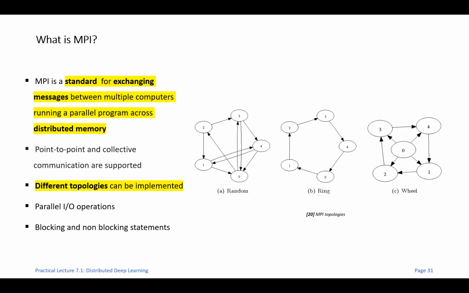It defines point-to-point but also collective communication, with which you can define, if you play around, complex or simple topologies like a ring, which is important for Horovod, as the ring allreduce is based exactly on the ring topology of MPI. But you can define also something more complex where you have a central master node and the workers around the wheel, or some random connections or whatever you like, even subgroups or subsets of the workers.